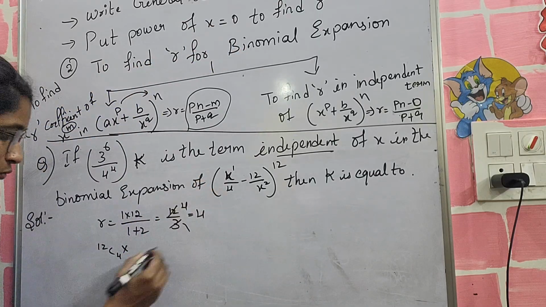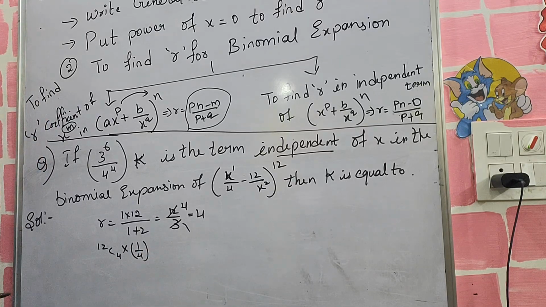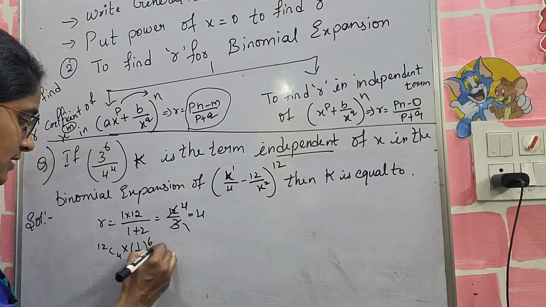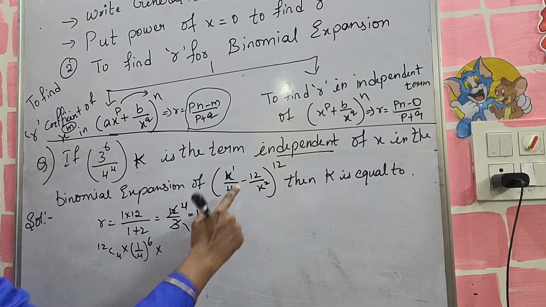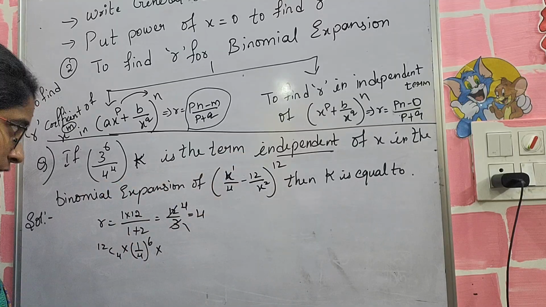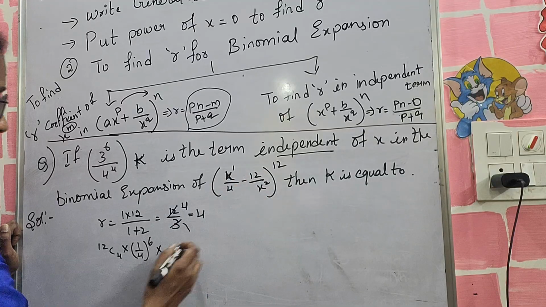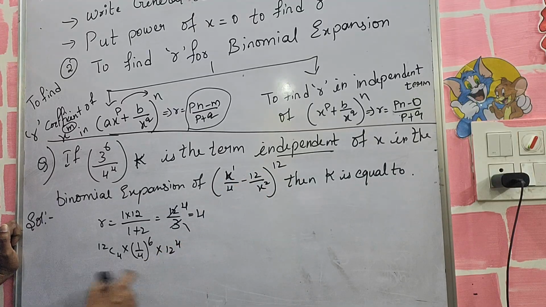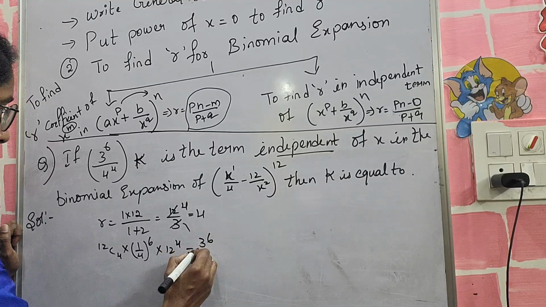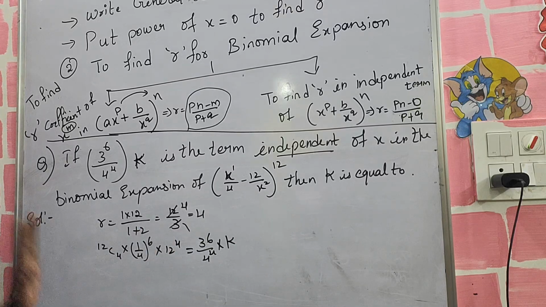Then what is left over? 1 by 4 power of 12 minus 4, how much is that? 6, and here x is gone, only the coefficients we want, right? I am not taking x, I am just finding the value of the independent term. So 12C4 equals 3 power of 6 by 4 power of 4, as they gave, into k. We need to find the value of k here.